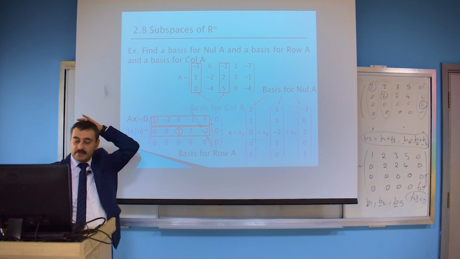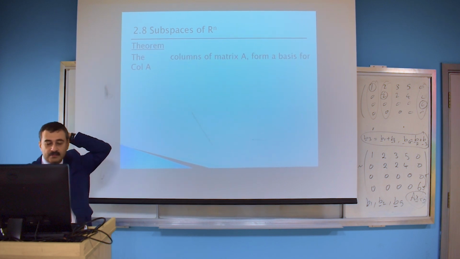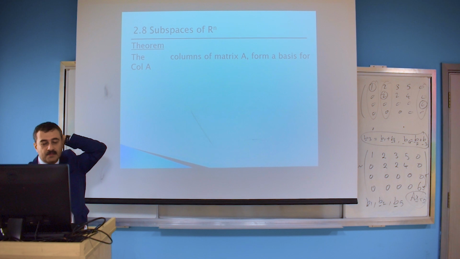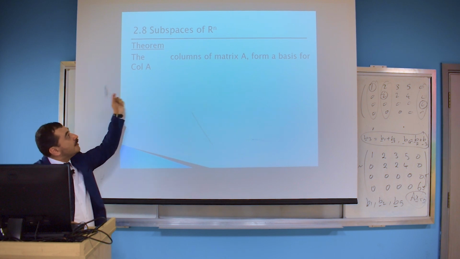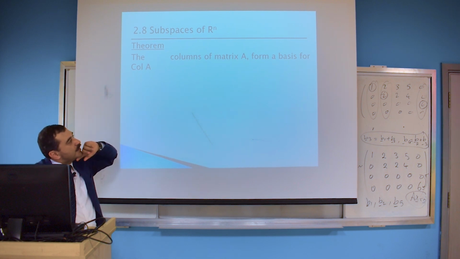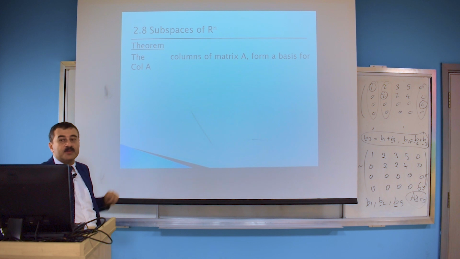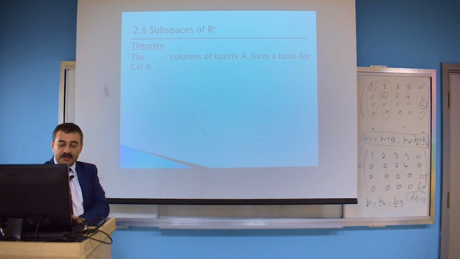Okay? So can you complete here the missing word? The pivot columns of matrix A form a basis for column space of A. The pivot columns of the original matrix.